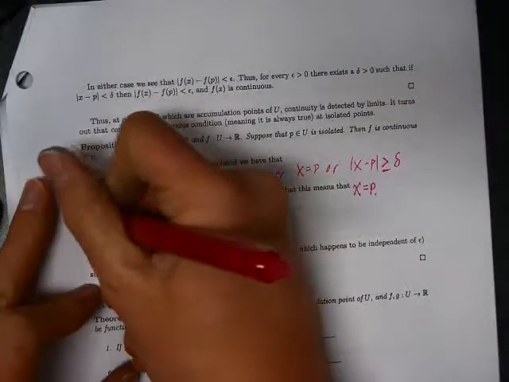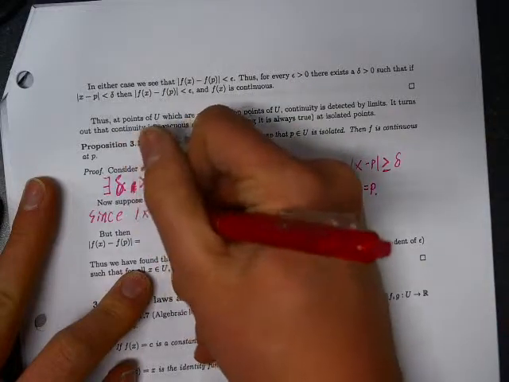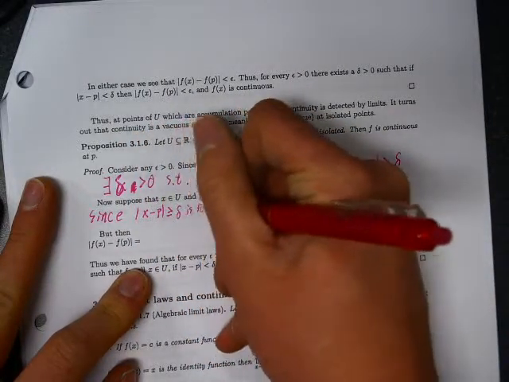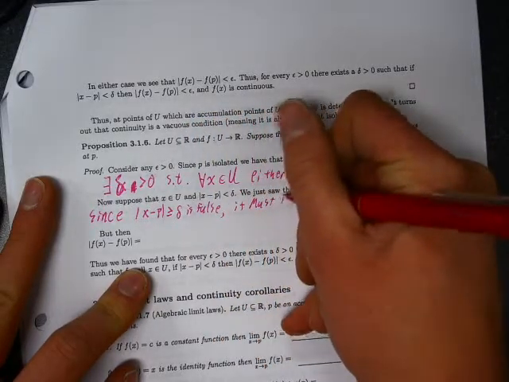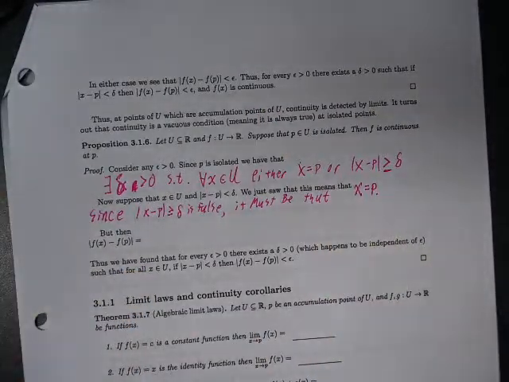Let's see, maybe I'll put another sentence here. Since the absolute value of x minus p is greater than or equal to delta is false, it must be that x is equal to p. But if x is equal to p, then what can you tell me about the absolute value of the difference between f of x and f of p?